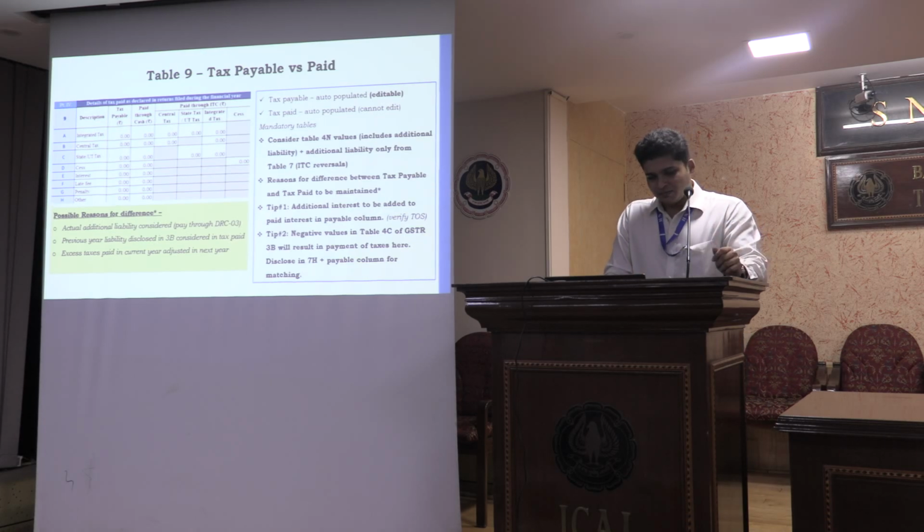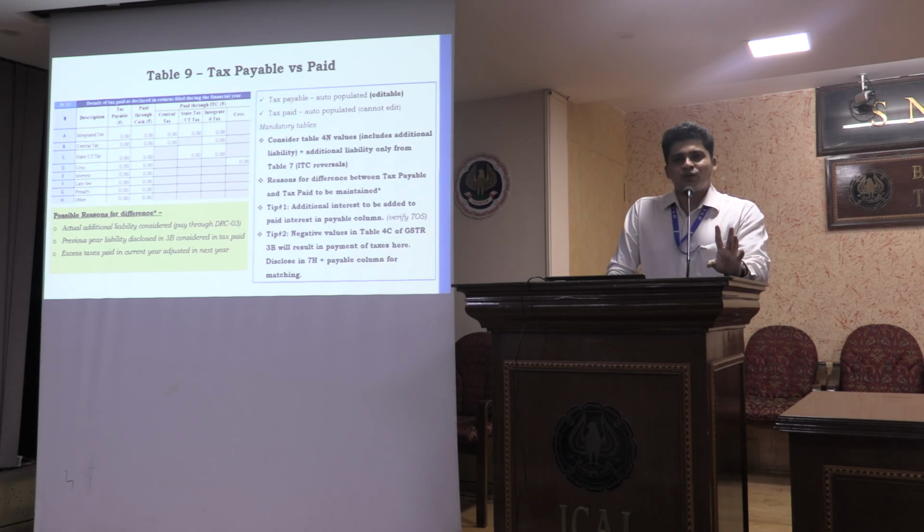Tax payable is editable. There is one more concept which arises in this table 9, which is negative ITC in GSTR 3B. In GSTR 3B, there is a possibility that total claim for the month says 100, but total reversal for the month is 150.